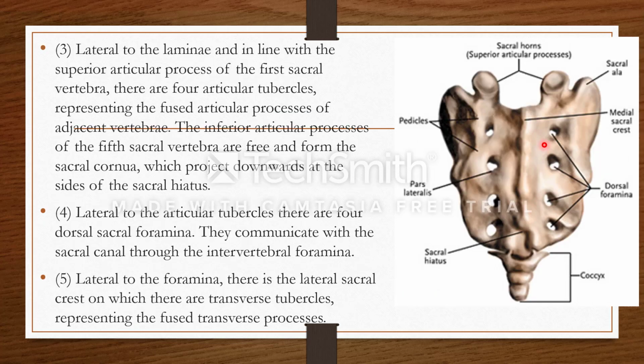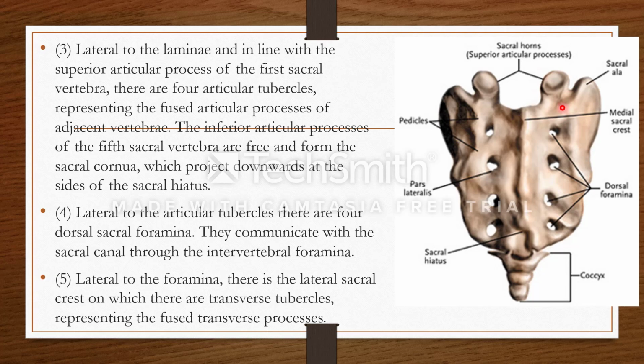Now lateral to the lamina, there are 4 tubercles, or processes, formed by the fusion of the articular processes. First of all, there is the superior articular process of the first sacral vertebra, which is not fused.